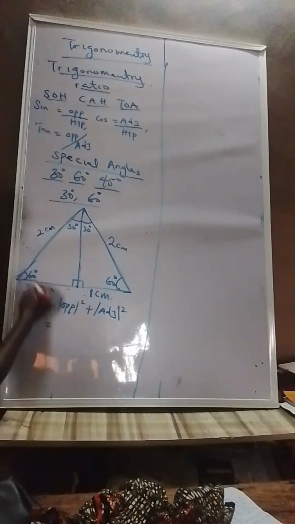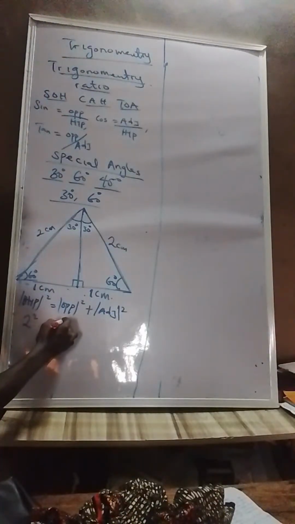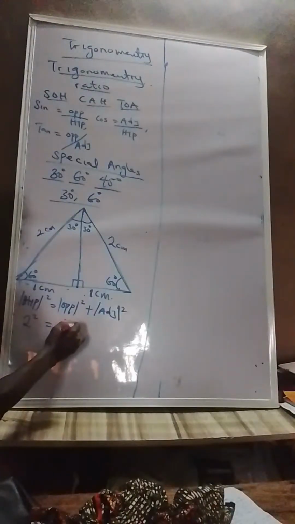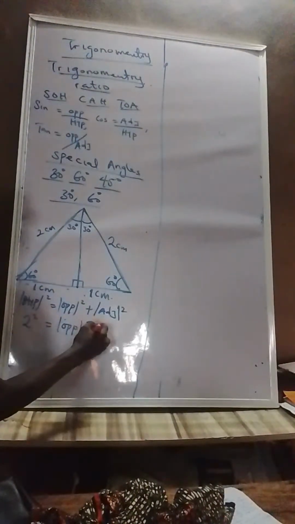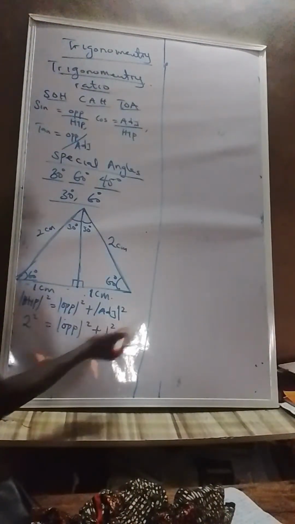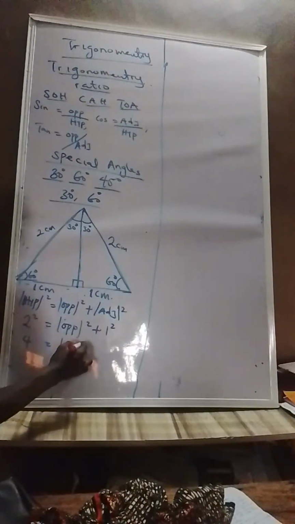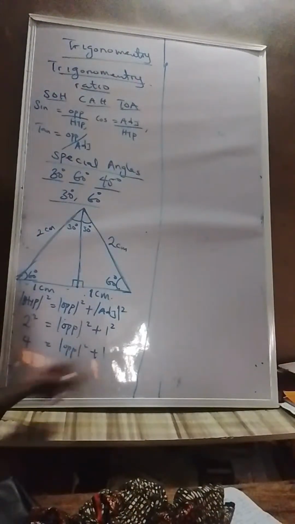Okay, let's see. This place is opposite. Opposite squared plus adjacent, which is 1, squared. That is 1. Then this is 4. And this is opposite squared plus 1 squared, which is 1.